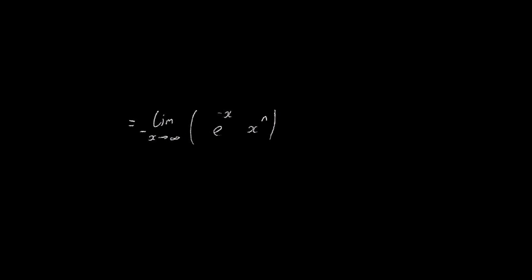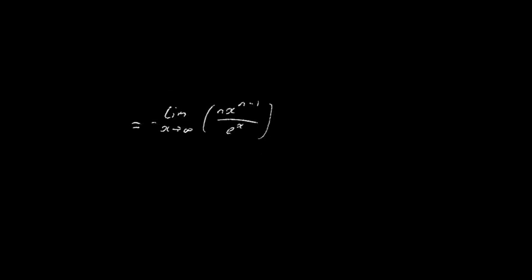So first step, take out the minus, because it makes things a bit easier. And then we're going to take that e to the minus x and rewrite it as 1 over e to the x. So we get this, which is a lot easier to work with because now we can apply L'Hopital's rule. You differentiate the top and the bottom of the limit and you get the same limit. If you do that once, you get n times x to the n minus 1 over e to the x.